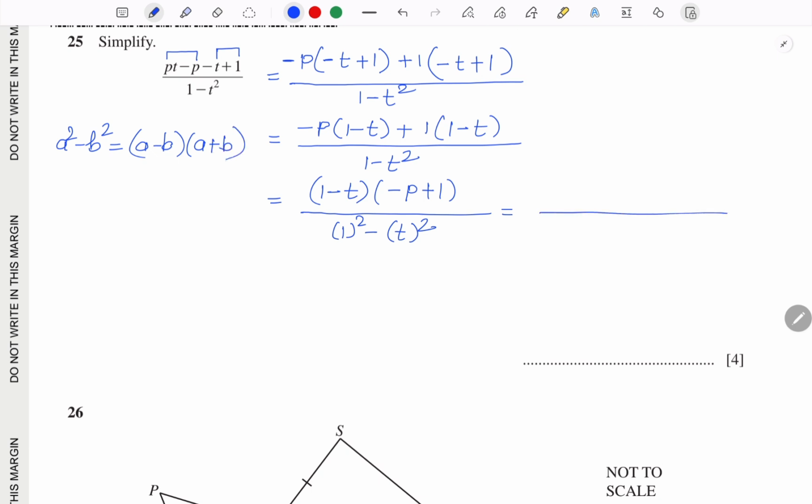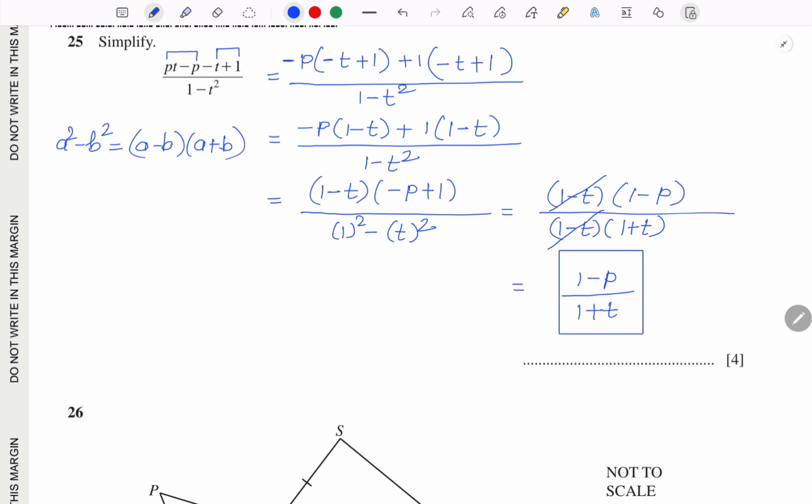If I use that here, I can write this as 1 minus T into 1 plus T. And here I have 1 minus T into 1 minus P. These two will get cancelled out and I will be left with 1 minus P divided by 1 plus T, and this is the answer for this question.